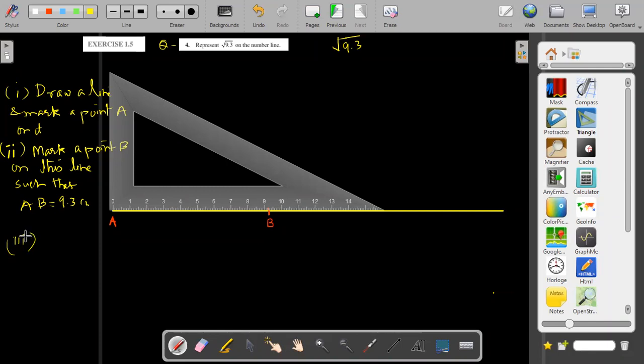Next, the third step: mark a point C on AB produced such that BC is equal to 1 centimeter. One more point we have to take.